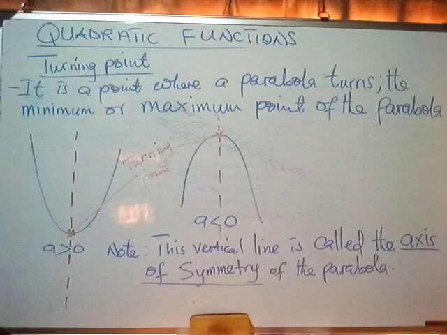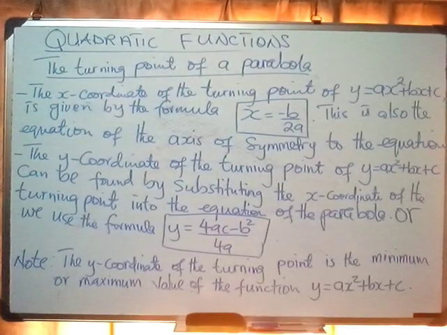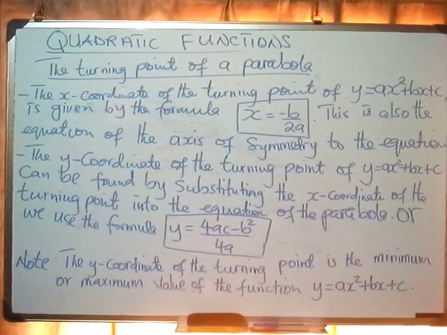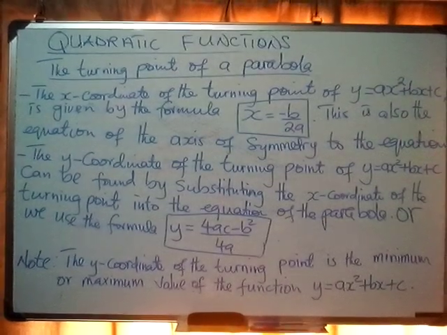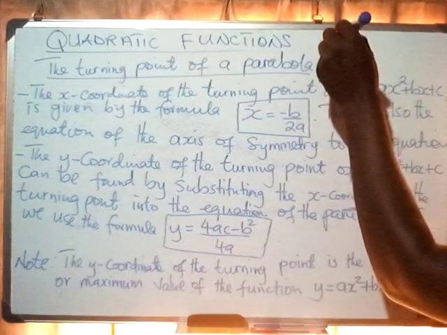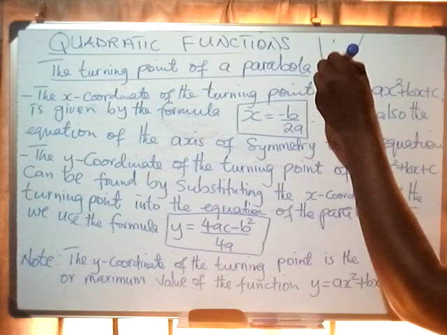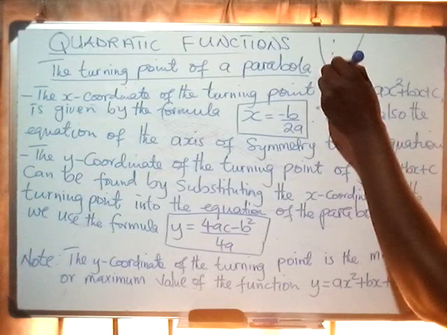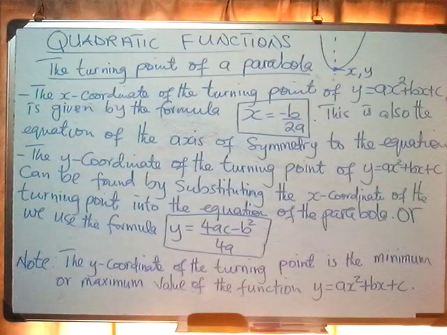Let's move. We now look at the turning point of a parabola. Remember, the turning point is a point where the parabola is turning, and it has coordinates (x, y).